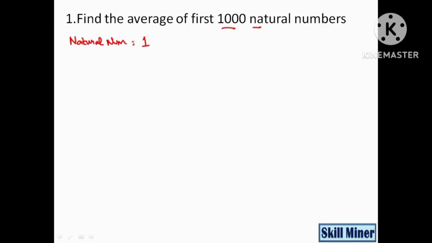Okay, please remember guys, natural numbers start with 1, whole numbers start with 0. 1, 2, 3, 4, like that it will keep on going. Whole numbers will start from 0. Now we need to find the average of first 1000 natural numbers.